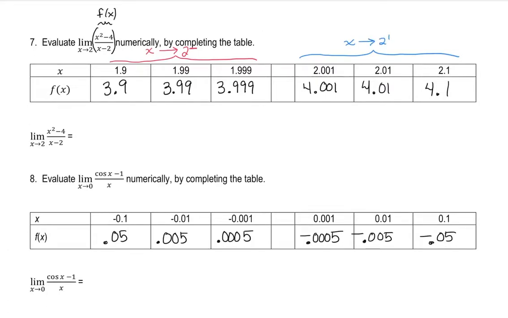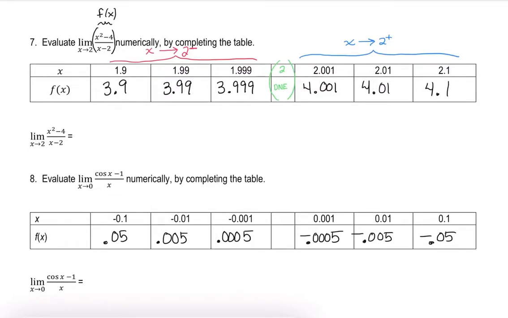Now, it just so happens that at x equals 2, if you were to sub in 2, you'd have 0 over 0, so the actual point doesn't exist. But remember, we don't really care if the point exists or not when we talk about the limit. We're just talking about what the y's are potentially getting infinitesimally closer to as we get closer and closer to these x's from both sides.